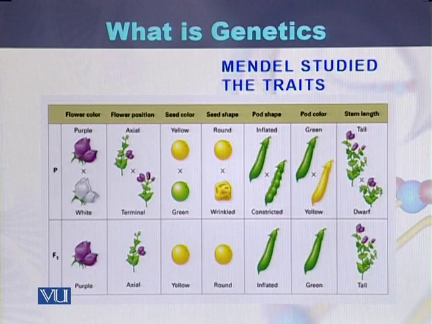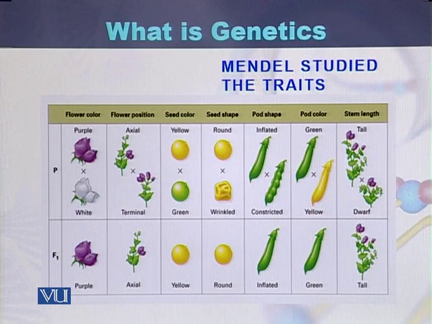This is the list of those characteristics of the garden pea. Flower color was purple and white. Flower position was axial and terminal. The seed color was yellow as well as green. The shape of the seed was round as well as wrinkled.